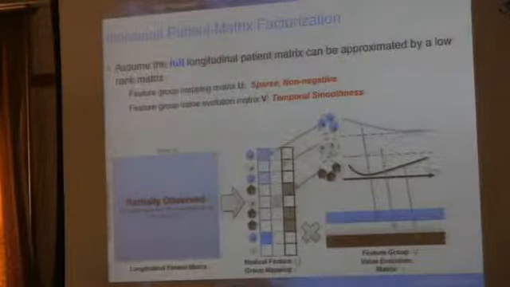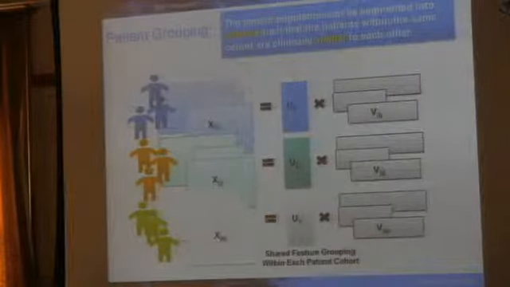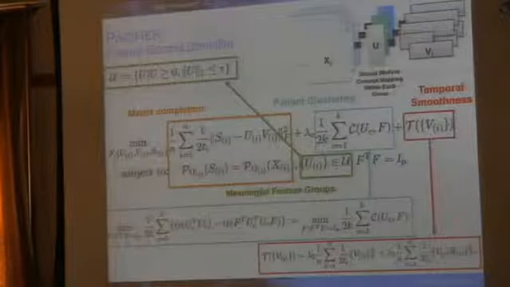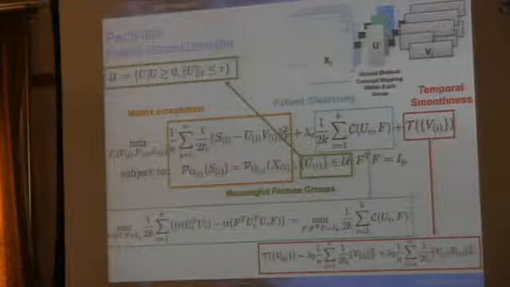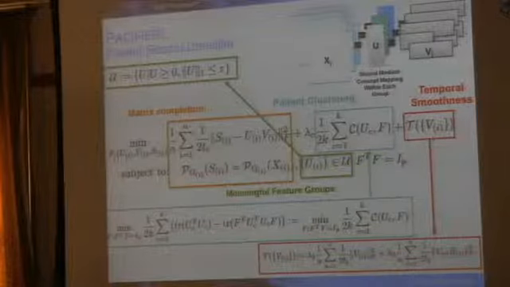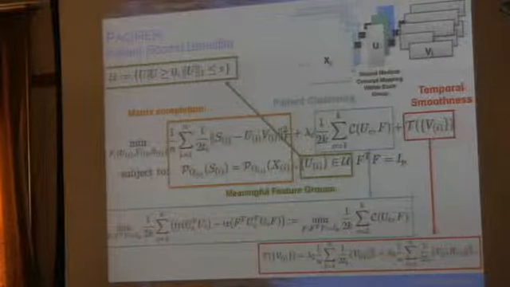And furthermore, because the patient population we have is usually heterogeneous, we assume there exist some homogeneous groups among those heterogeneous patient cohorts, and within each group, they basically share the same feature group.